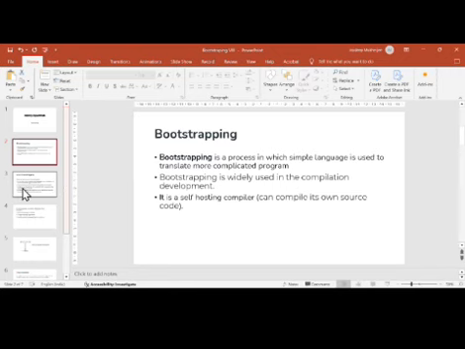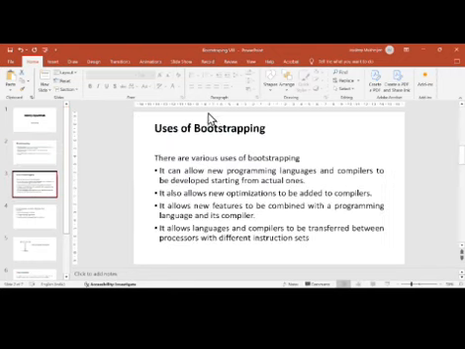Now we are going to see the uses of bootstrapping. There are various uses of bootstrapping, so we will discuss them one by one. The first one is that it allows new programming languages and compilers to be developed starting from existing ones. The second is that it allows new optimizations to be added to a compiler.